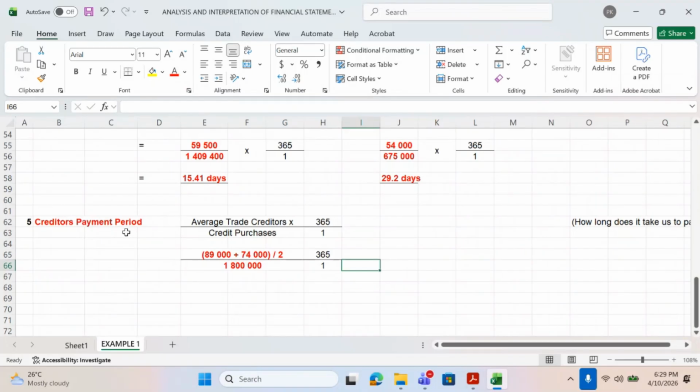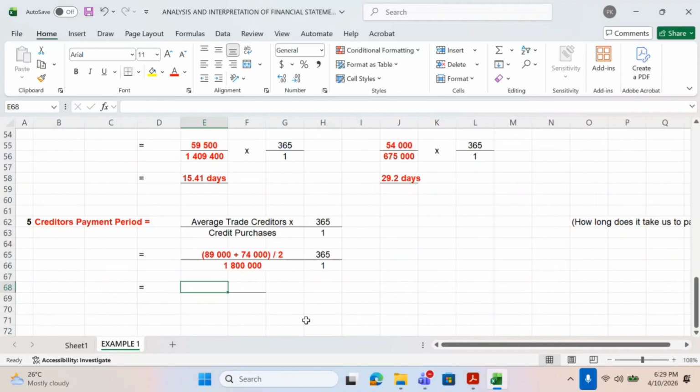So how much, guys, am I going to get here? Let's start with the numerator first. 89,000 plus 74,000 divided by 2.